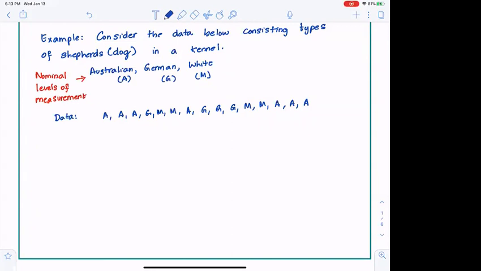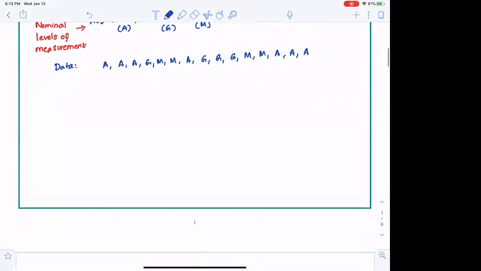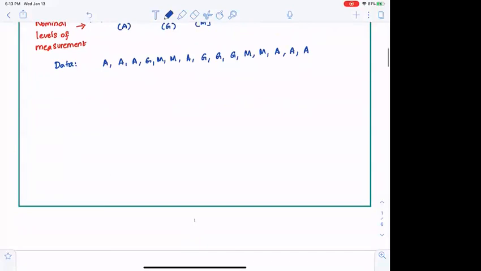Just by looking at it, it might seem like a large data sample, but if I organize it, then definitely we would get a better idea about the number of dogs, the type of shepherds that are in the kennel. So I'm going to start with the type. I have 3 levels or 3 categories. So A, G, M.